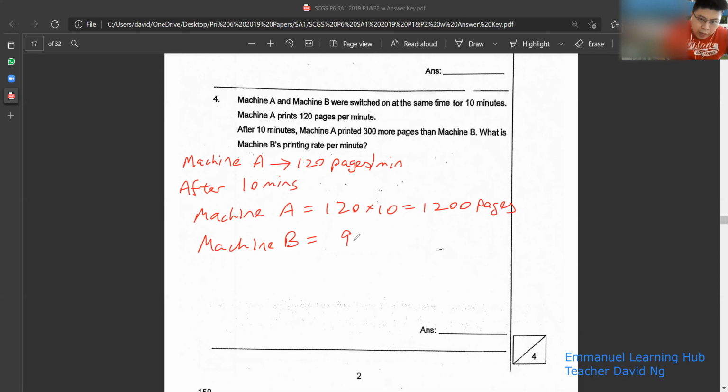So machine B will be 900. 1,200 minus 300, that's how you get 900. So the rate of machine B will be 900 divided by 10, because in 10 minutes it prints 900. So that's 90 pages per minute.